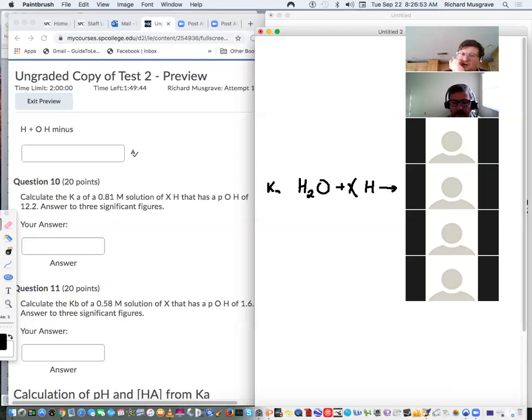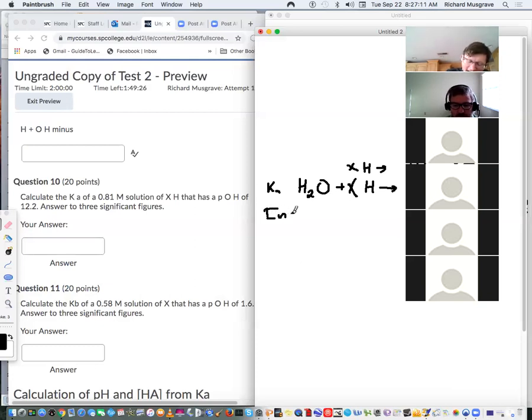Does anybody have any questions so far? The other option, which I'll put up here, which is quite legal as well, would be just to have XH go to H plus and X minus, which would be fine.